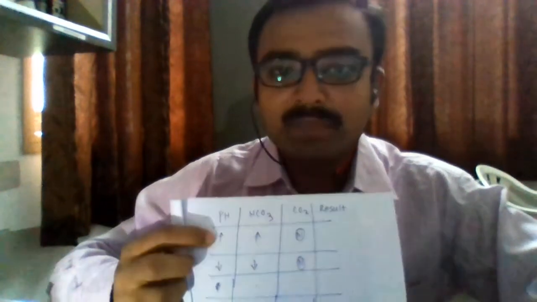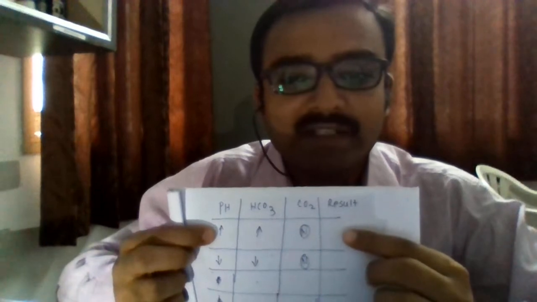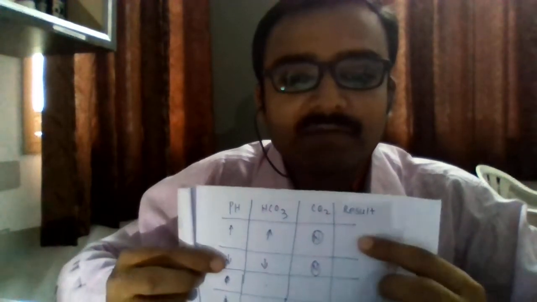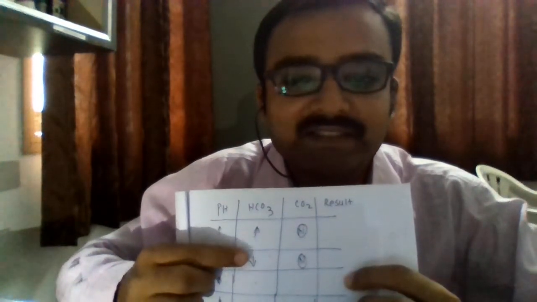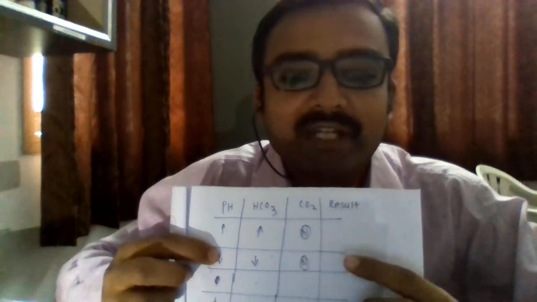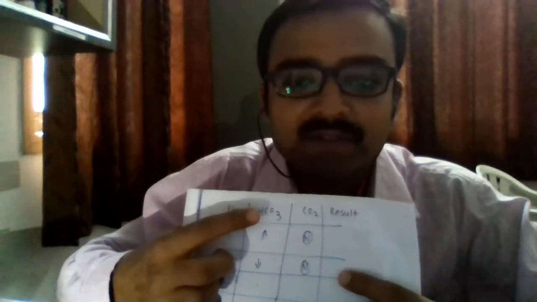Similarly, if the bicarbonate ion increases, the pH will increase. That means the condition will be alkalosis, and it will be metabolic alkalosis. If the bicarbonate ion decreases, the pH will decrease, and the resulting condition will be metabolic acidosis. So remember HCO3 for metabolic.